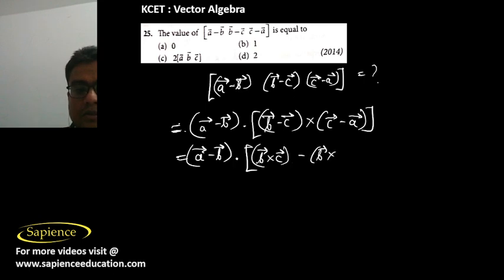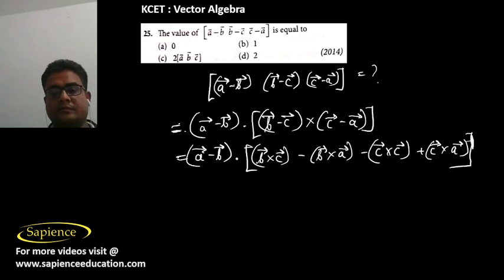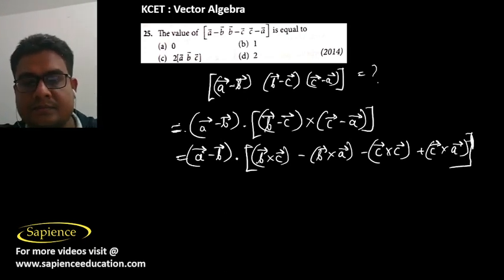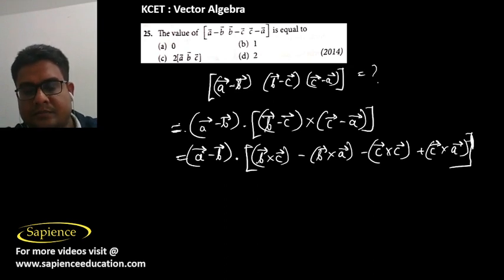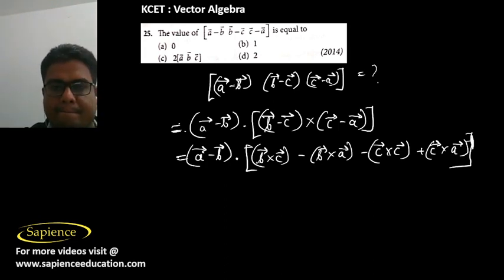minus B cross A minus C cross C plus C cross A. Plus C minus B dot B cross C, minus B cross A minus C cross C plus C cross A. So C cross C will be 0.